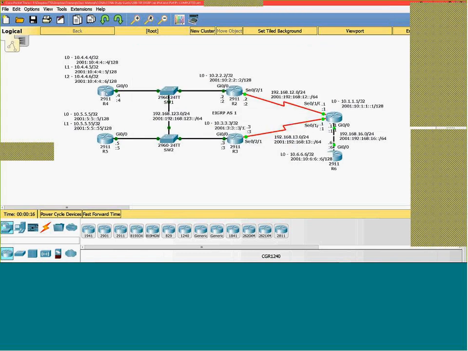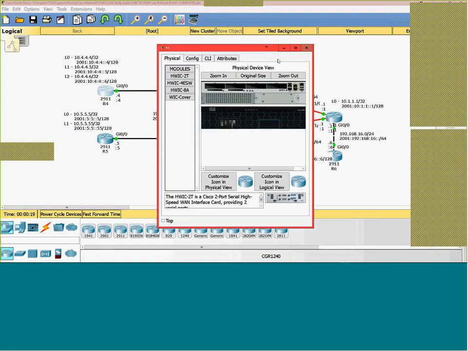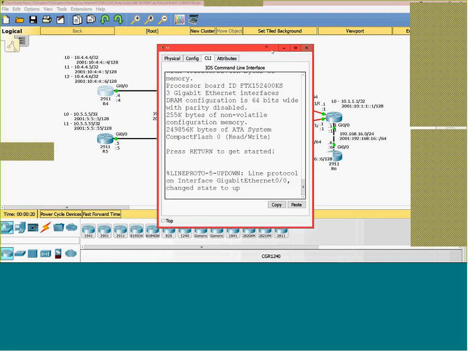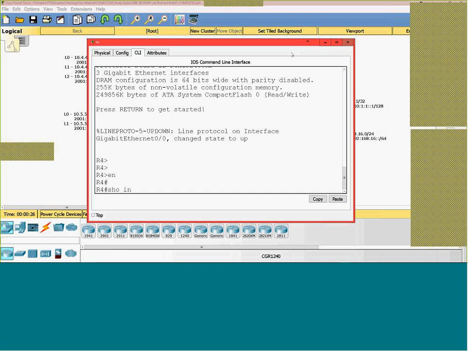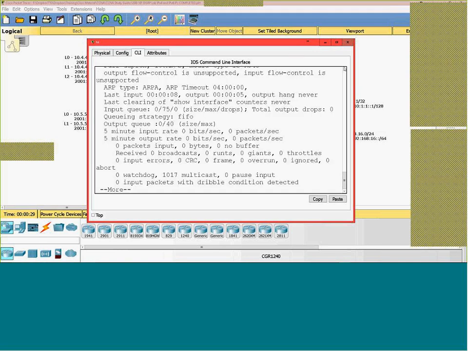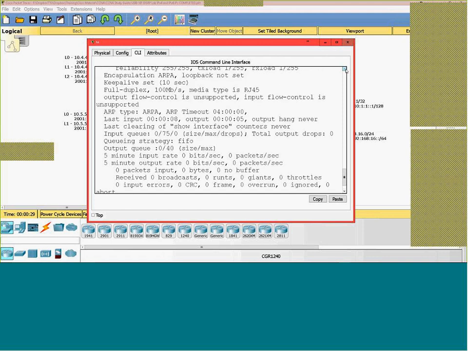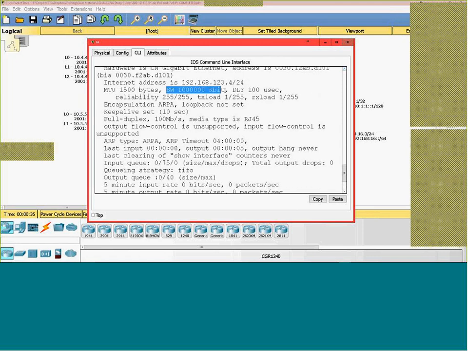So here's my router. If I do a show interface gig 0/0, I can see that the bandwidth on this interface is 1 million kilobits per second. Okay?